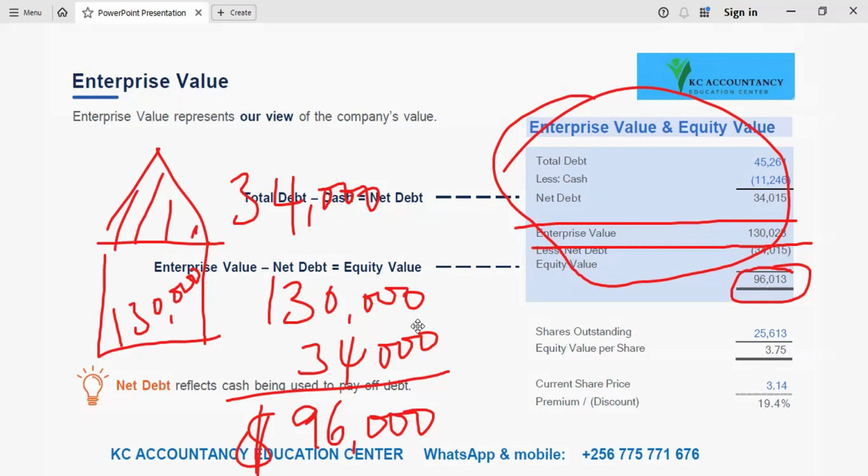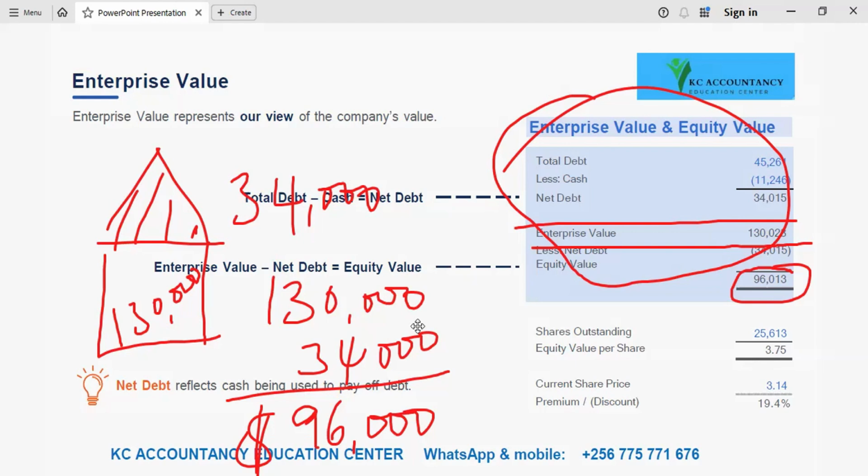Another way you can think about equity value is that it's our residual value as owners, what has remained after we've cleared all the debt components.